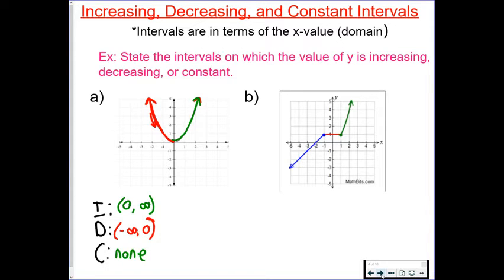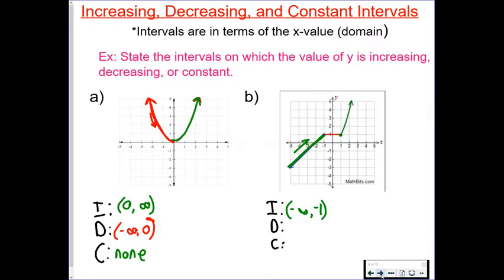B, I'm going to do the same thing. Increasing, decreasing, and constant. So as I look at the left side of my graph, it's going on up. So it's increasing. That interval is from negative infinity, because it's on the negative side of the x-axis, to negative 1.